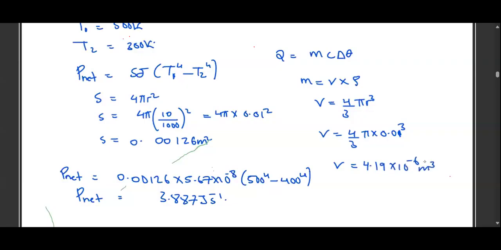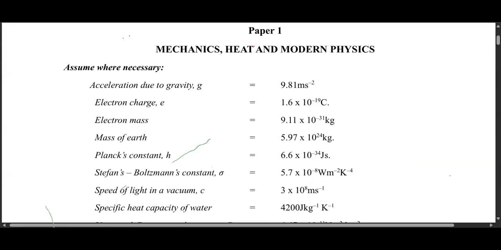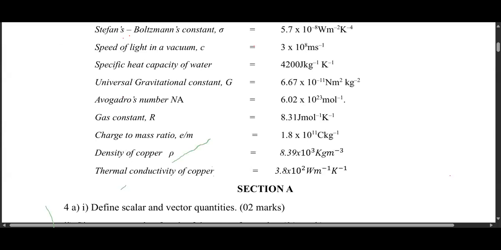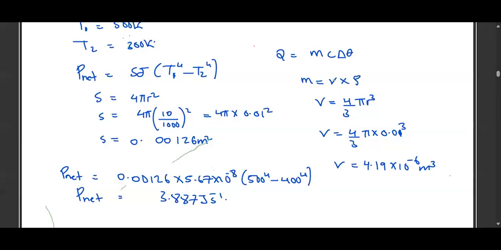That is the volume. Now the density of the copper sphere was given in the first part. The density of copper is 8.39 times 10 power 3 kilograms per meter cubed.